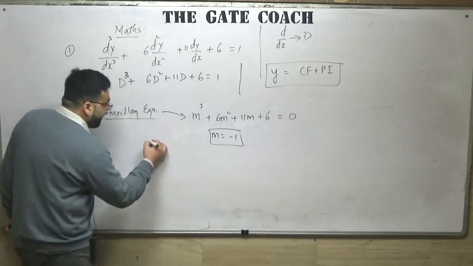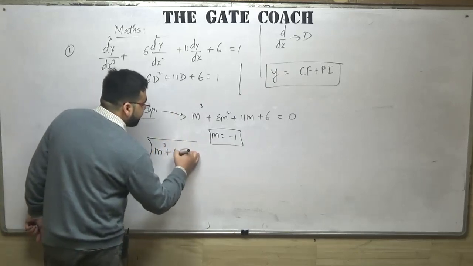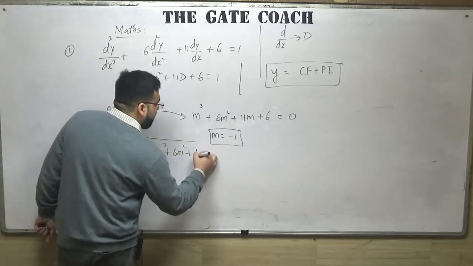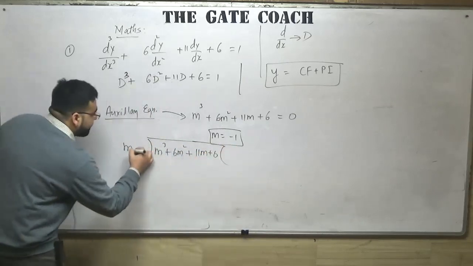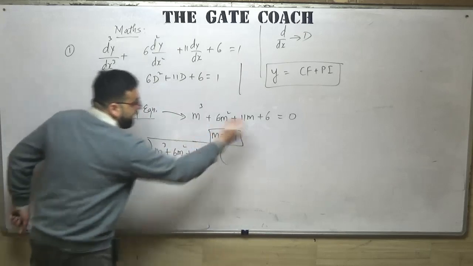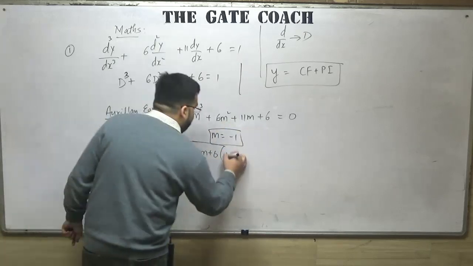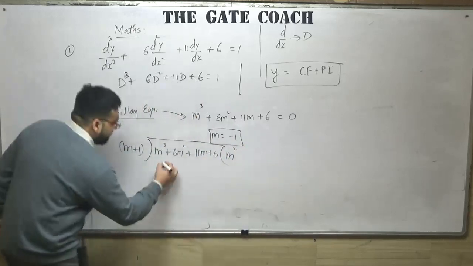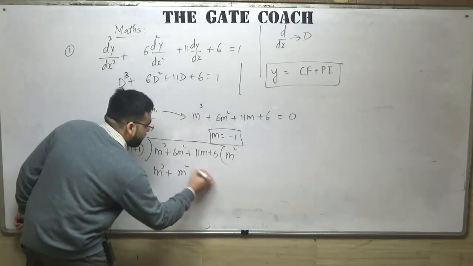The second factor we can get like this: m cube plus 6m square plus 11m plus 6, divided by m plus 1. Multiply m plus 1 with m square, it will be m cube plus m square.